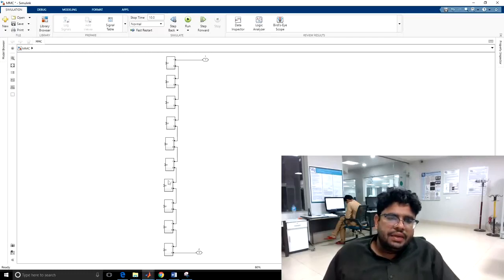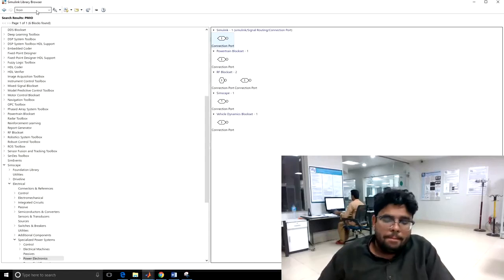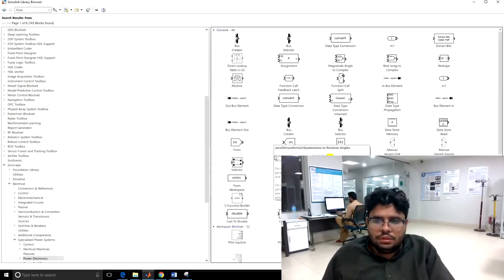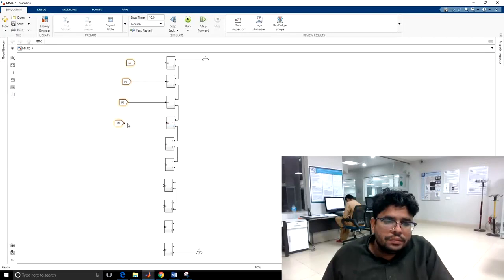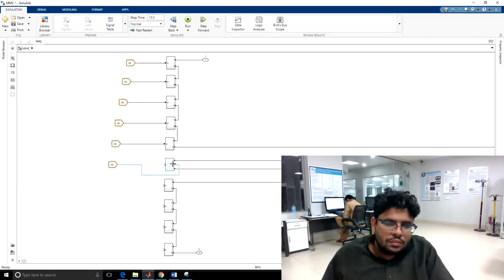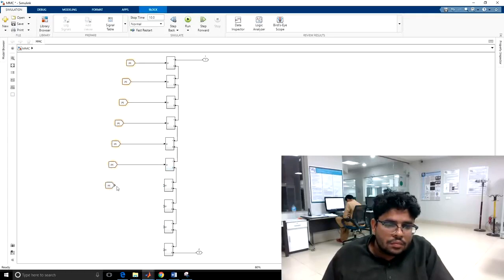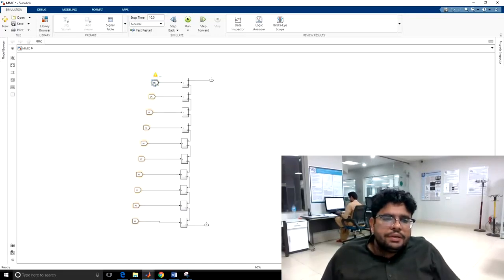So let's give gate signals to these 10 submodules. Alright, let's label it G1 to G10.